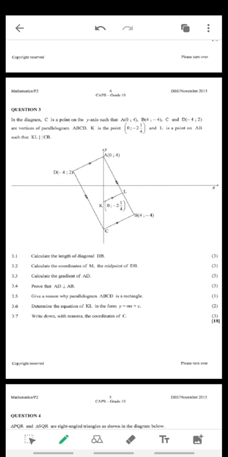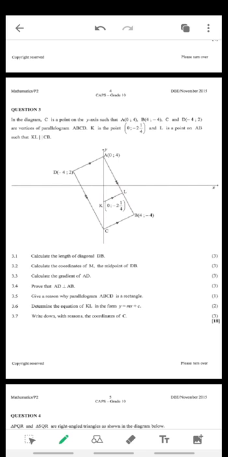If KL is parallel to CB and CB is parallel to AD, what do we know? AD is parallel to KL, which is parallel to BC. So all those 3 lines will be parallel to one another. Good. Now they are saying calculate the length of diagonal DB. Remember, if I'm calculating the length of DB, I must use the coordinates of D and B. Do we have them?